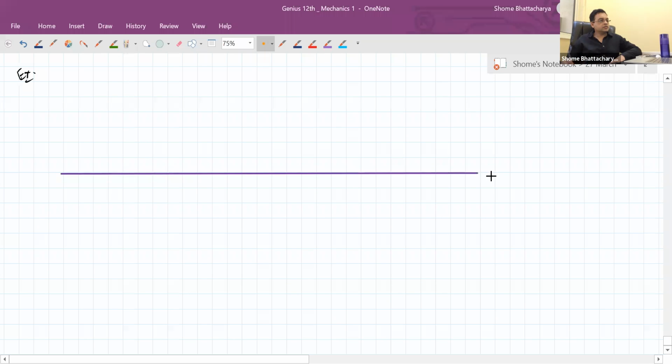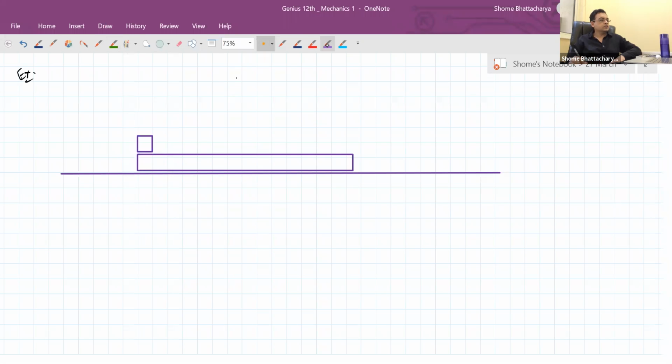Like this. This surface has a coefficient of friction of 0.1. This surface has a coefficient of friction of 0.5.